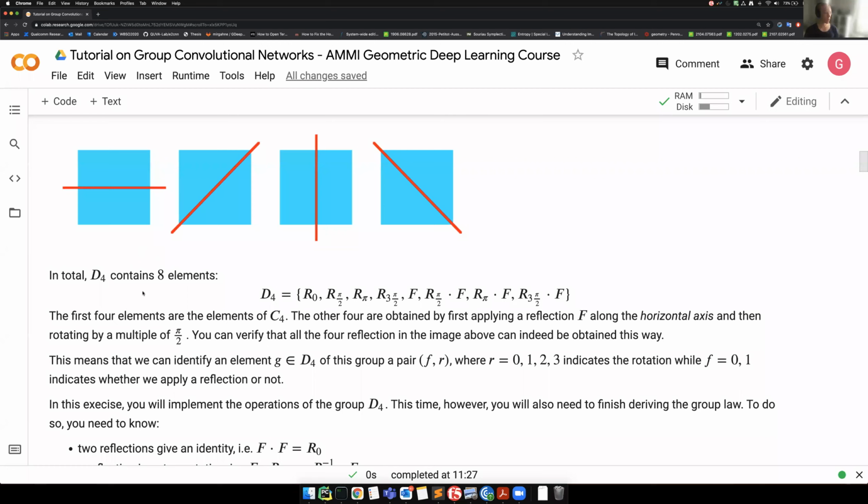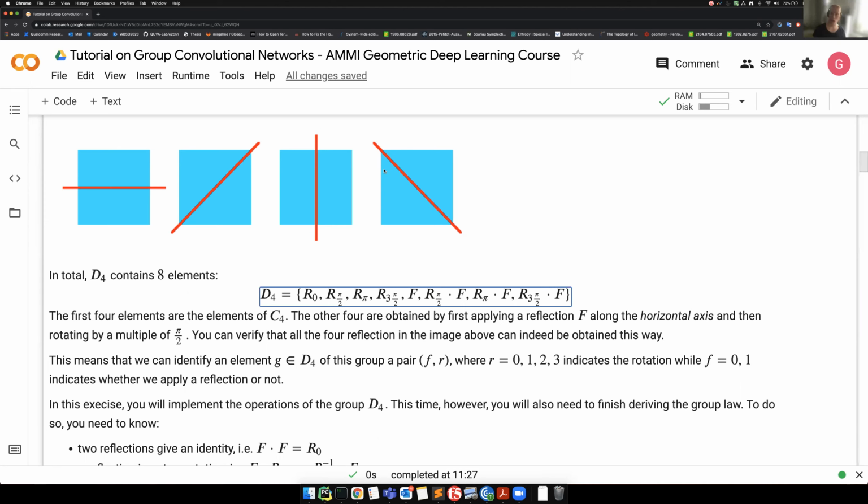That's up to you. In general, let's say you take F, and the reflection is along this axis. I said the reflection is the horizontal one. Now, if F is the horizontal one, the other three are going to be these three. But you could say from the very beginning that you want the reflection to be a diagonal one, or a line at 5 degrees rather than 0 degrees, and that's totally fine.